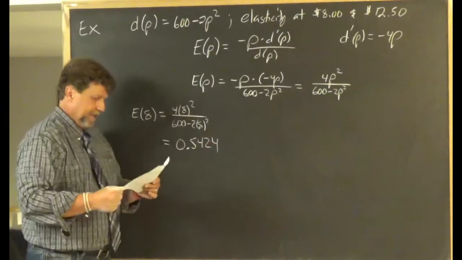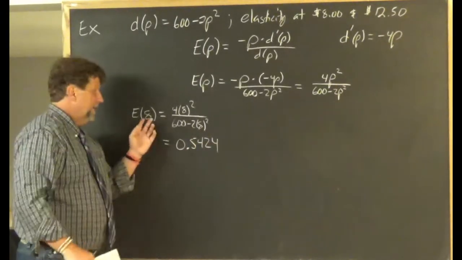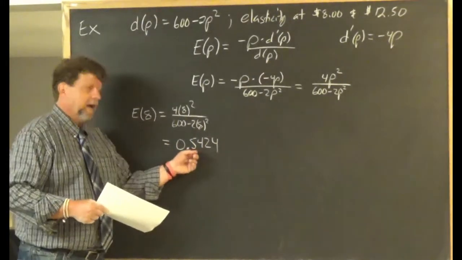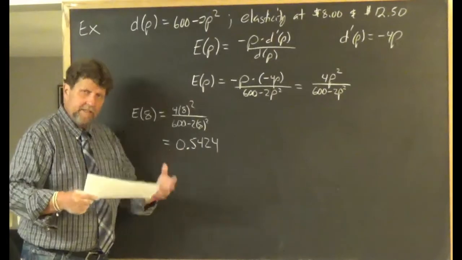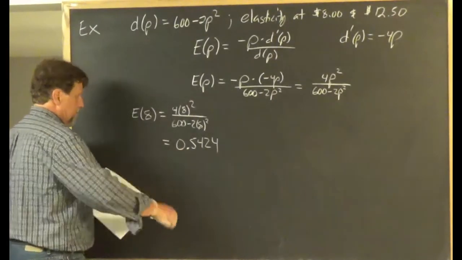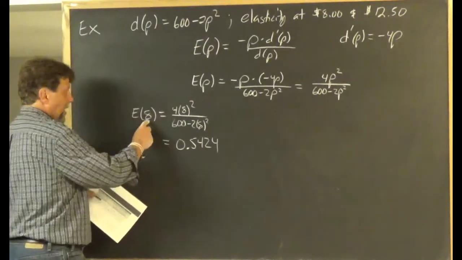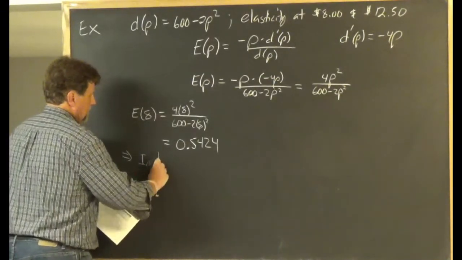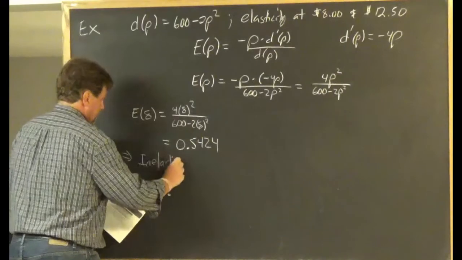That's enough decimal places. So notice E of 8 is a number between 0 and 1. 0.5424 is between 0 and 1. That means at a cost of $8, it's inelastic.